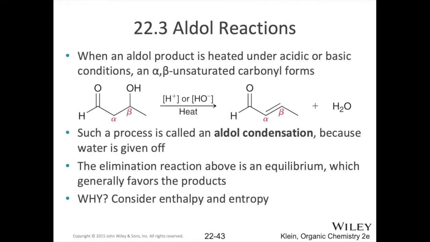Now, to take this one step further, your aldol product can go through a further elimination reaction. We can do a dehydration or a condensation reaction to eliminate water across our alpha and beta carbon. So we essentially remove our alcohol group and a proton on our alpha carbon, and we make the corresponding alpha-beta unsaturated aldehyde, right?